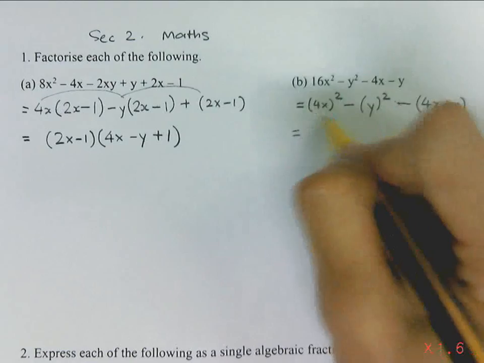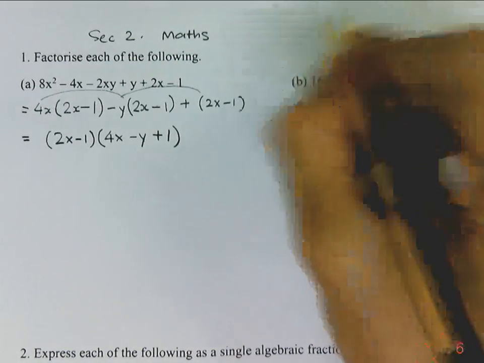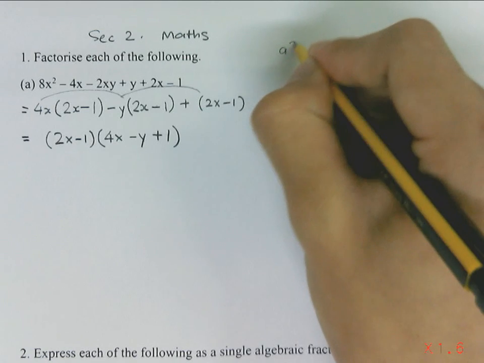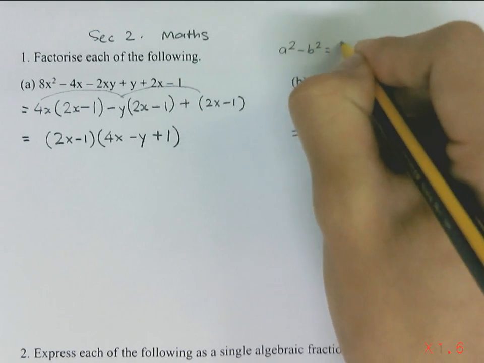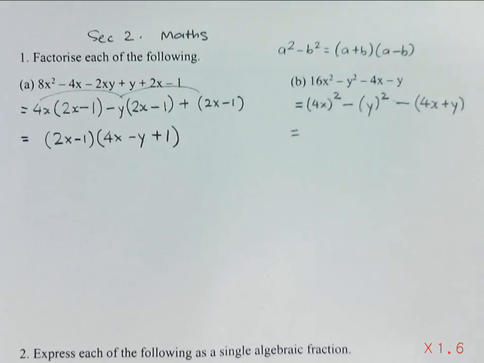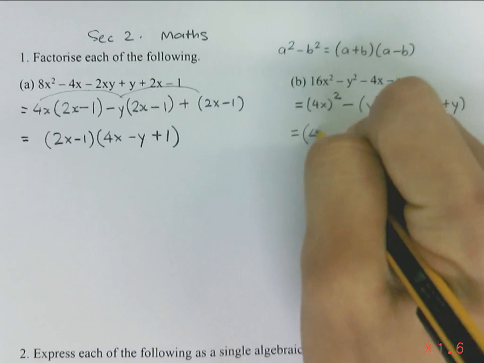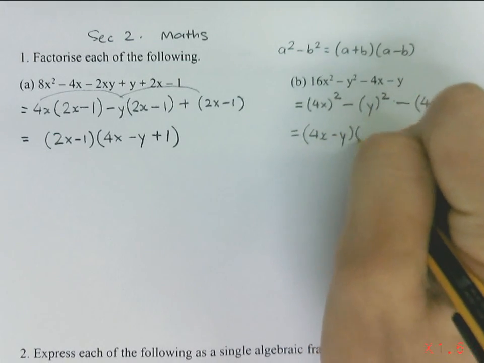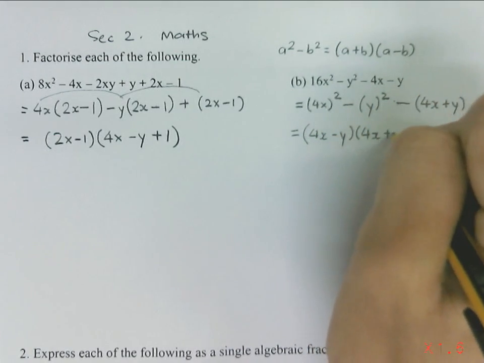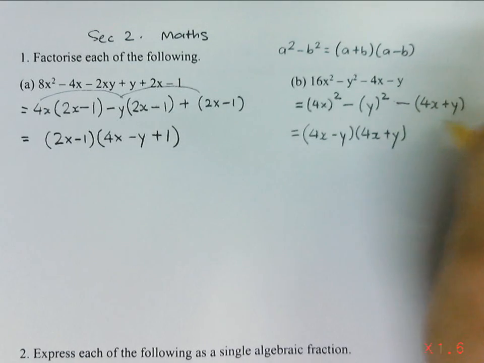Now the first 2 terms will be factorized using the identity, which is a squared minus b squared, which gives us a plus b times a minus b. So in full form, it will be 4x minus y, 4x plus y. Now not forgetting the last term there, minus bracket 4x plus y.